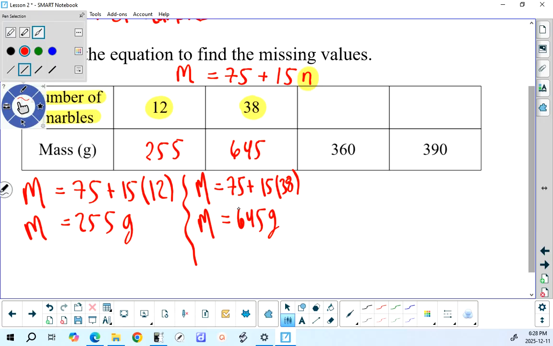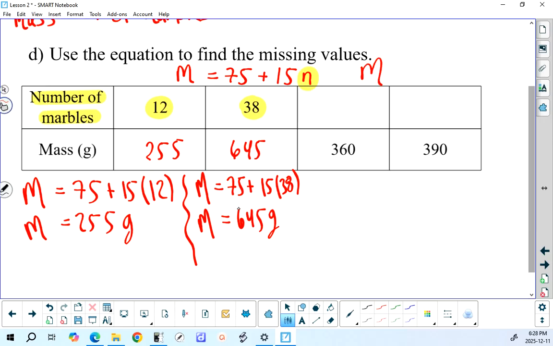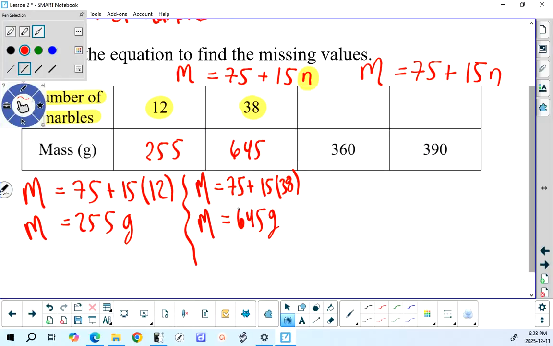I'm going to rewrite the formula, M equals 75 plus 15n, and we look at the number 360. 360 is a mass. It's going to go here. Same with the 390 when we do it.